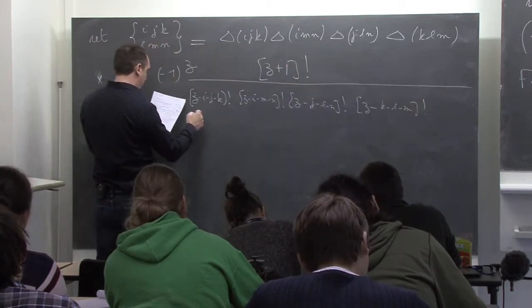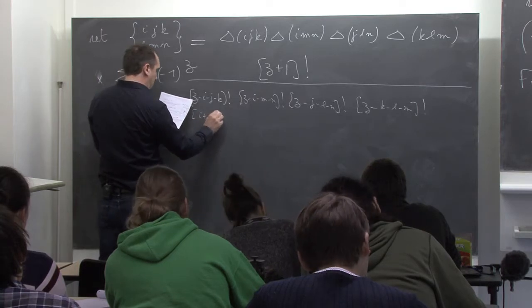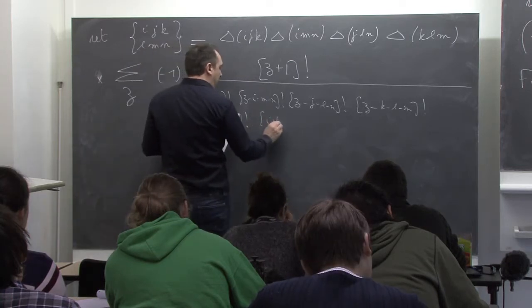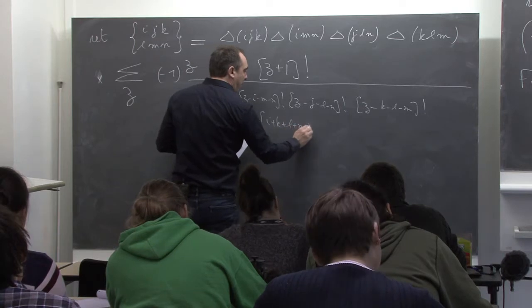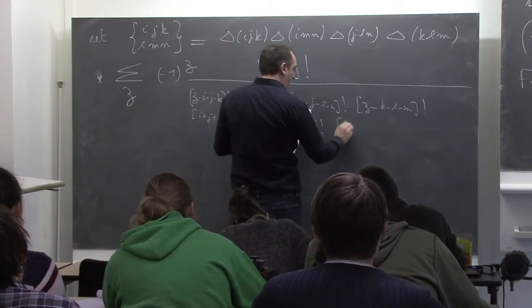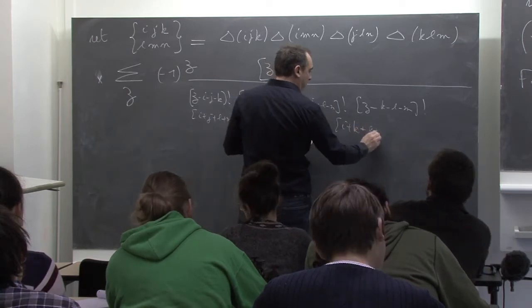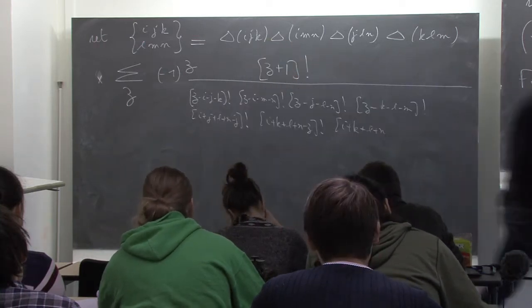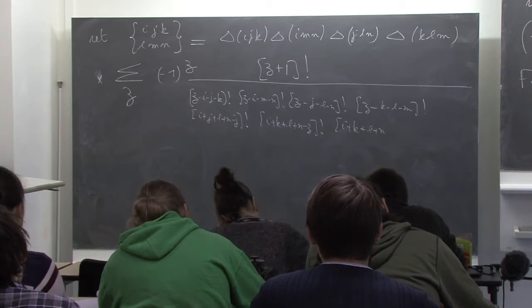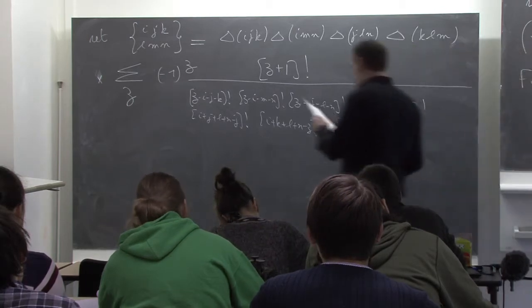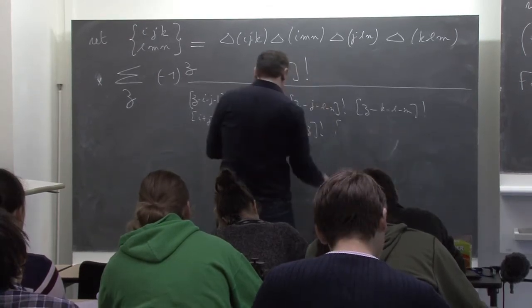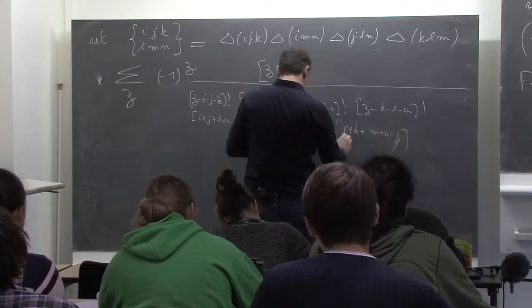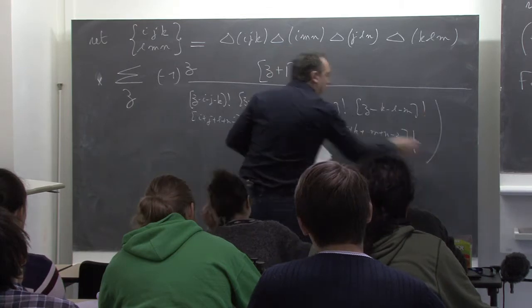And so, i plus j plus l plus n minus z, i plus k plus l plus m minus z, j plus k plus m plus n minus z. So this is the denominator.